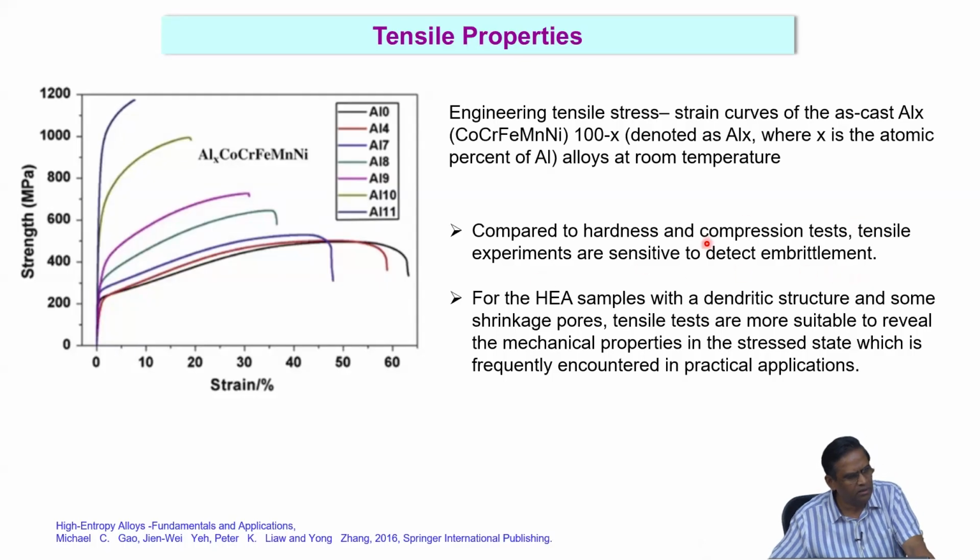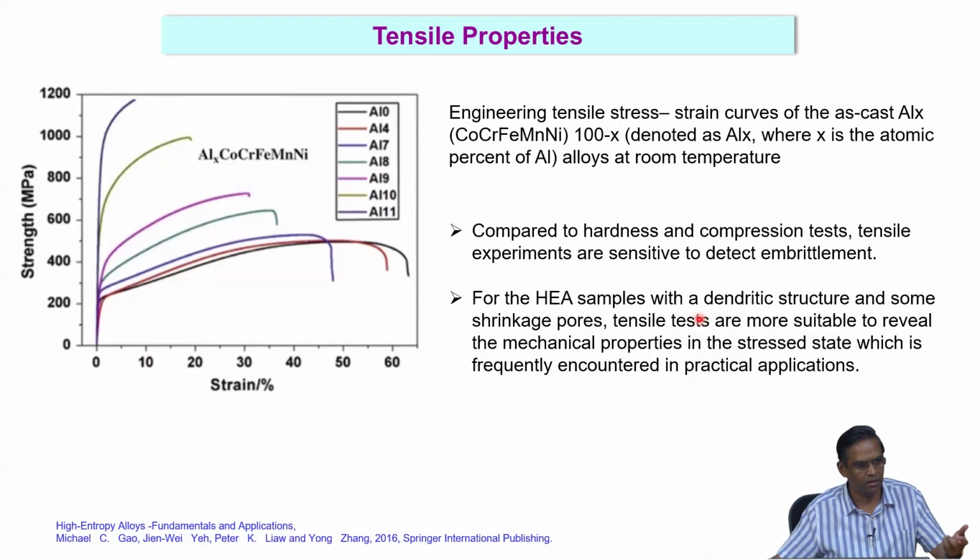Do you know why? Compared to the compression test, tensile experiments are sensitive to detect embrittlement. In tension, you always try to increase the stress concentration at any defect present, so that will facilitate fracture very fast.